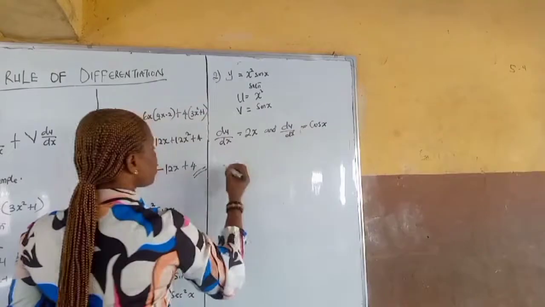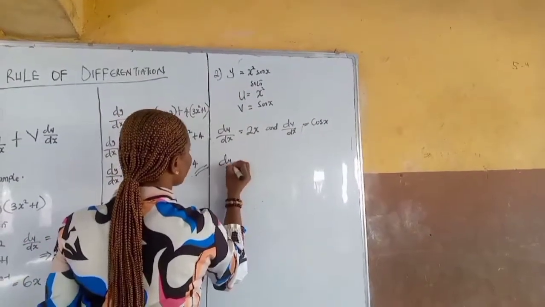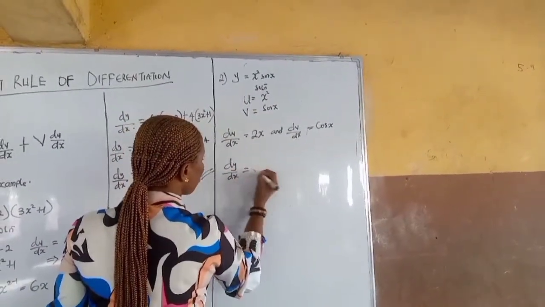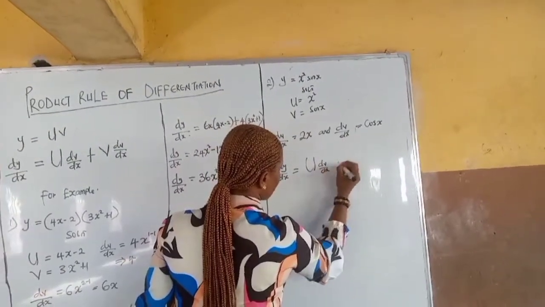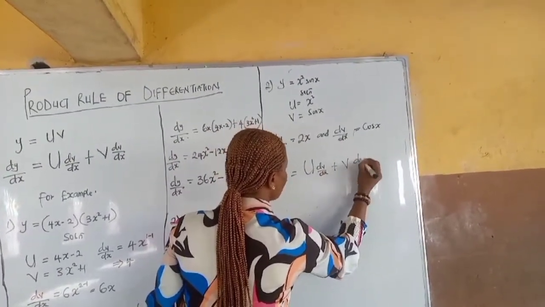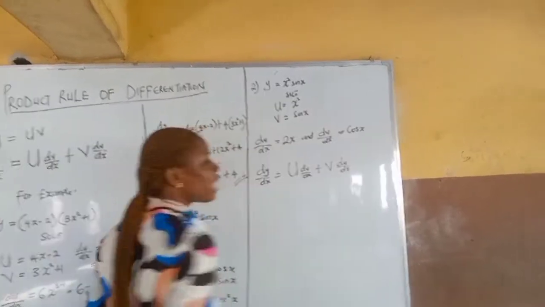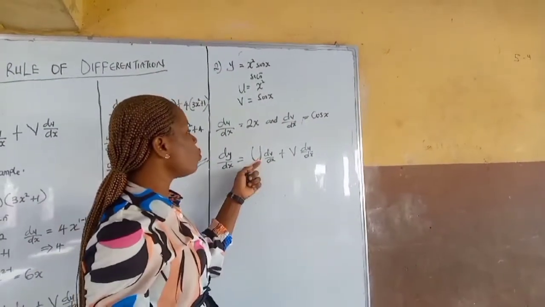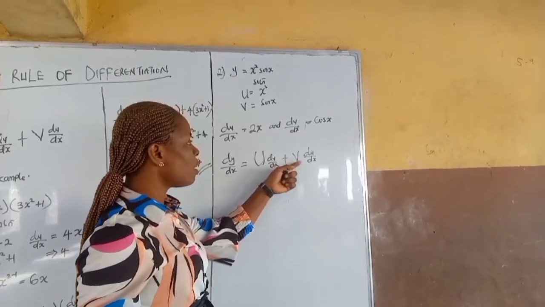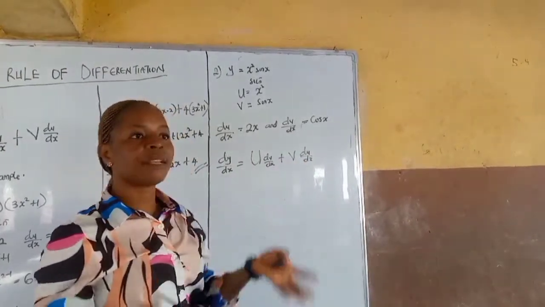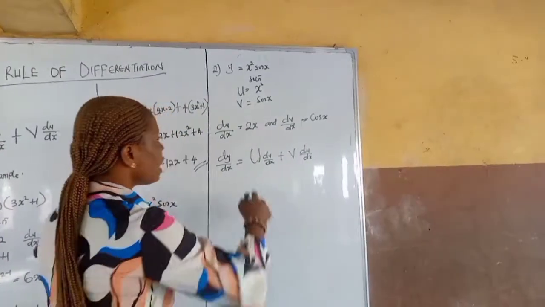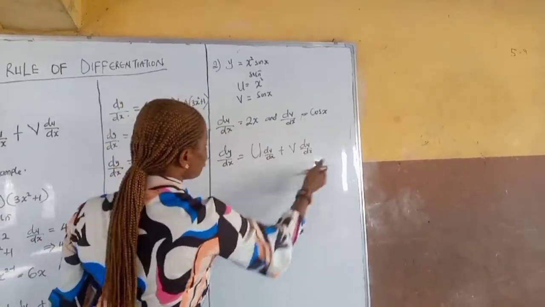So my dv/dx is cos x. Now substitute that into the general formula, where dy/dx, recall, is u dv/dx plus v du/dx. In some cases they will write u v prime plus v u prime. Remember I told you that du/dx is the same thing as u prime. So let's substitute the values we have into this general formula.